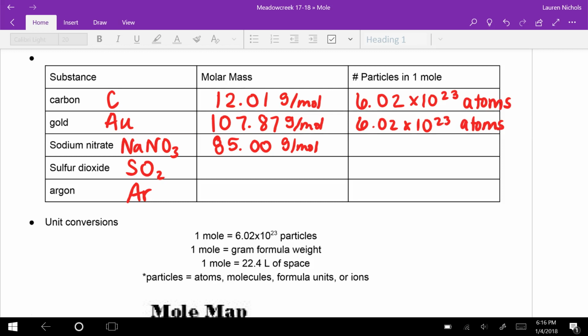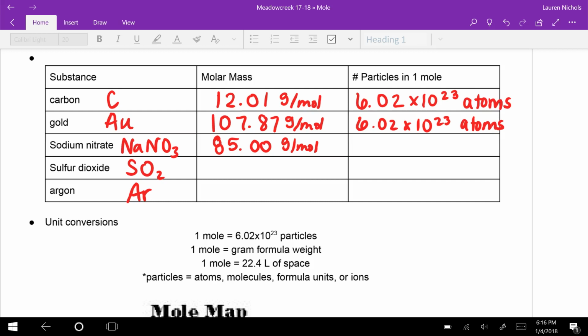Now, clearly, they don't have the same mass. That's because gold and carbon have different numbers of protons and neutrons in them, which contribute to their mass. So even though you're going to have the same number of atoms, those atoms are made up of different subatomic particles.